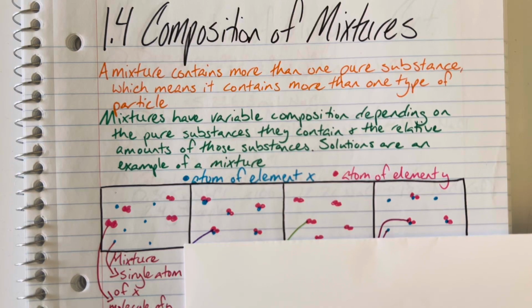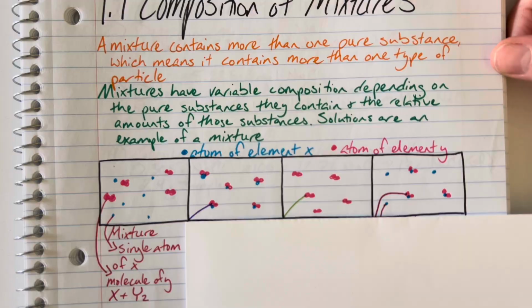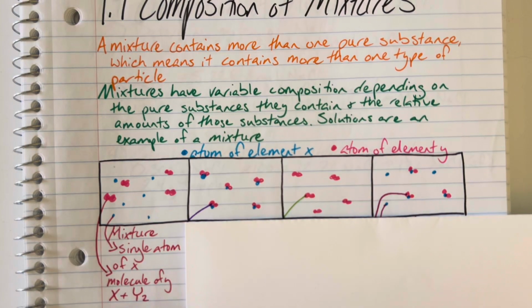So first up, for that first box, we're going to have a mixture of a single atom of X and a molecule of Y. So our composition, we have X and the diatomic Y here.